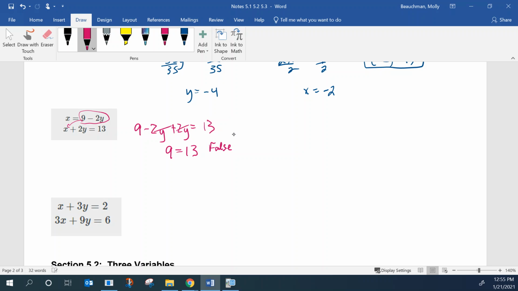So that tells me there is no solution. When your variable cancels out and you're left with a false statement at the end, there is no solution, which means these two lines are parallel to each other. So the lines would be parallel if we graphed. Oops, I better spell my math words right.